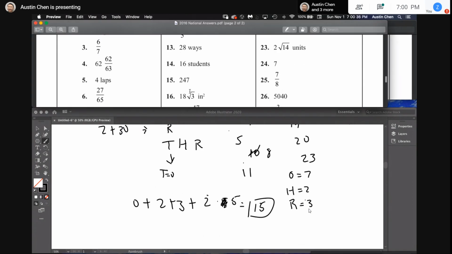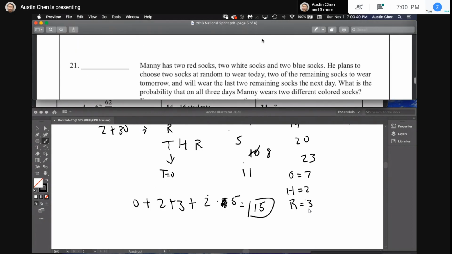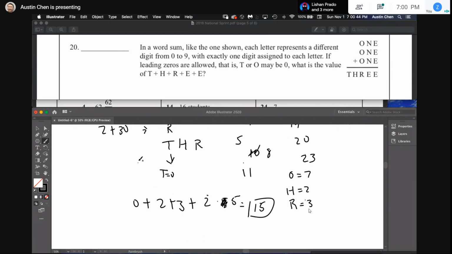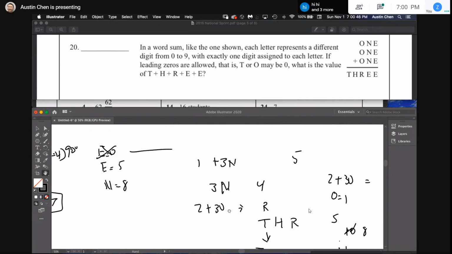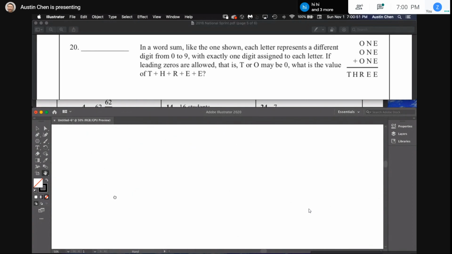Yeah. Okay. Anything you want to say there, Bill? I guess for that problem, what you really just need to focus on is just the units digit. For E, if you would know just right off the bat that T would have to be 0 and E would have to be 5, I think that's something you should just be able to see, I guess.